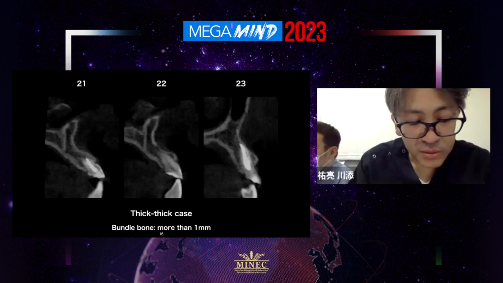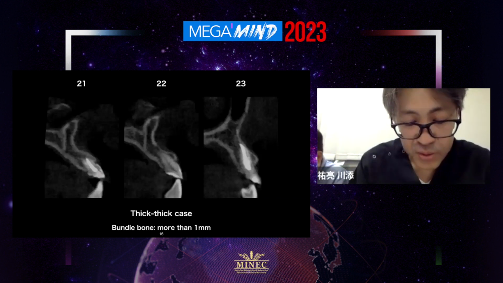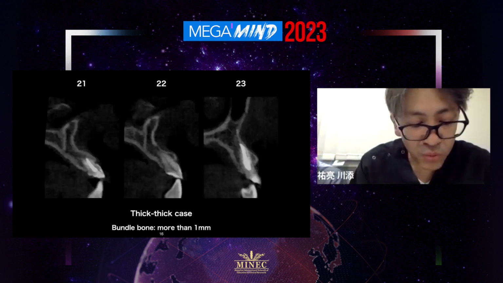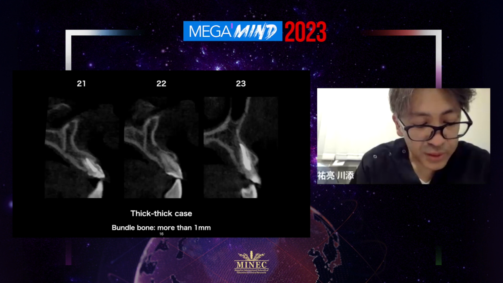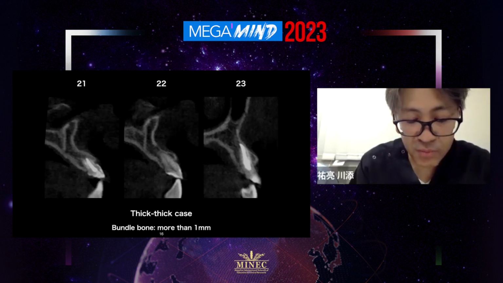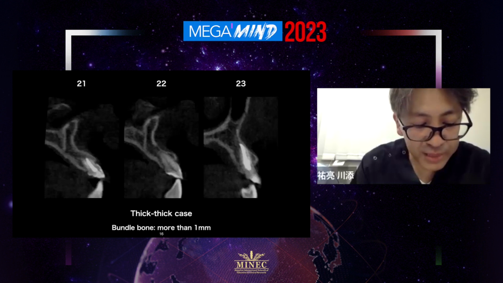As a result of diagnosis, implant placement was planned for teeth 21 and 23. These teeth have more than 1 millimeter of alveolar bone on the labial side. So I planned immediate placement.